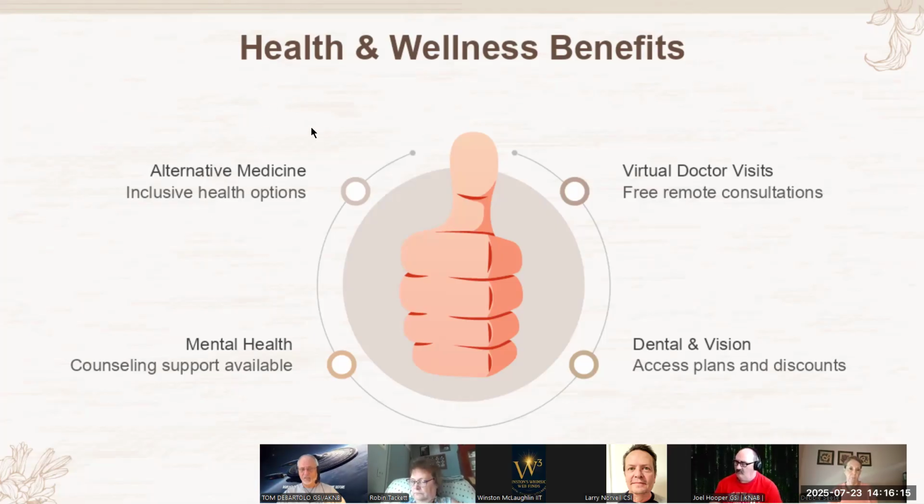These are all, remember, customizable with a lot of variations, and it's what's important to the employees of a particular company. There's something for everybody. You can get virtual doctor visits, free remote consultations, and there's mental health counseling support available. And there are dental and vision access plans and discounts. So again, this isn't insurance, but it's the next best thing.